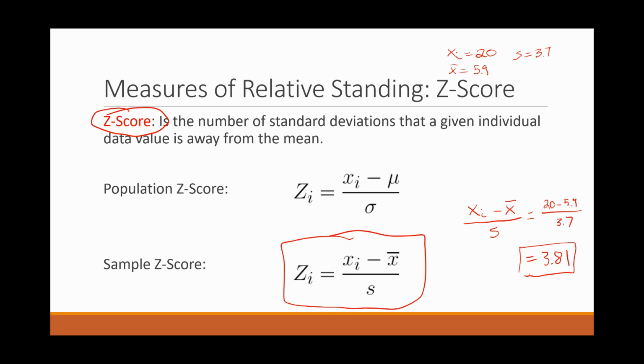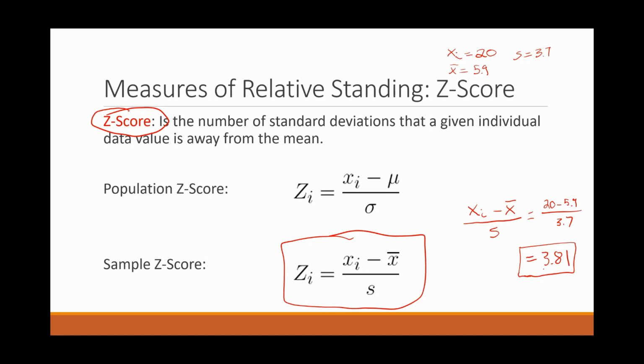If I just told you, okay, a wage of 20 and the mean is 5.9, well, that's $14.1 an hour. I don't know, is that big or is that small? But if you measure it in terms of standard deviations, you can know how much bigger it is. You can know, is it a lot bigger or a little bigger? When you see that it is 3.81 standard deviations above the mean, you know that's a lot bigger.